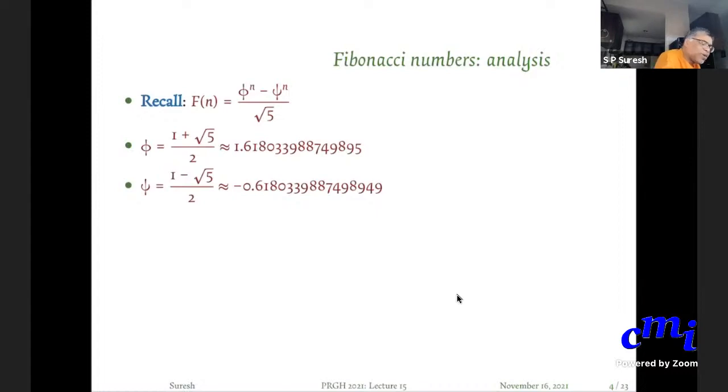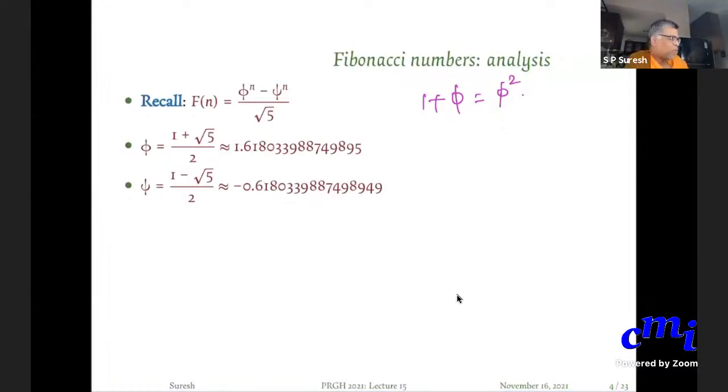You can verify this for f n equals 0 and 1, and for larger numbers you need this fact. So you can sit and verify. And I suppose something similar holds for psi also.